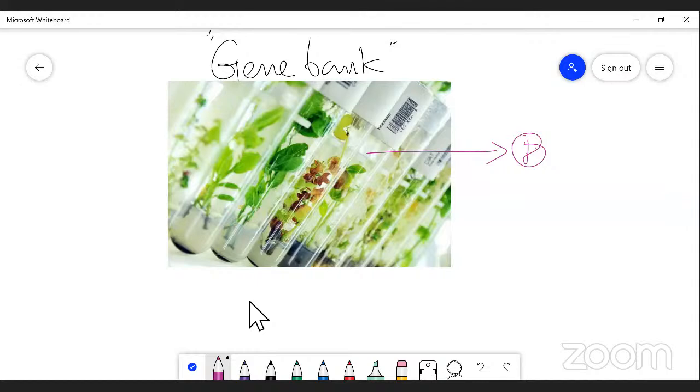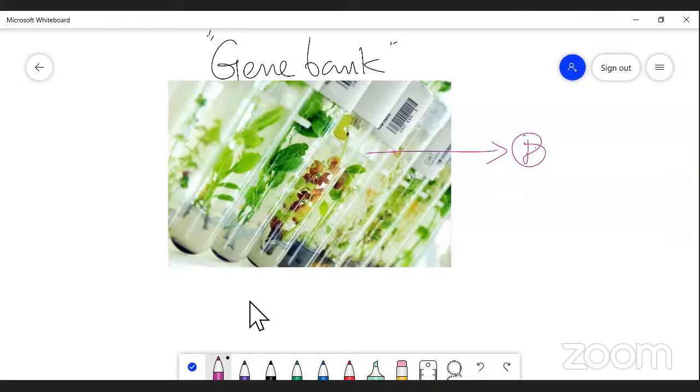Now this gene is indicated in the test tube. The test tube contains a plant that expresses a very special character to the agriculture field or to the research world, right?